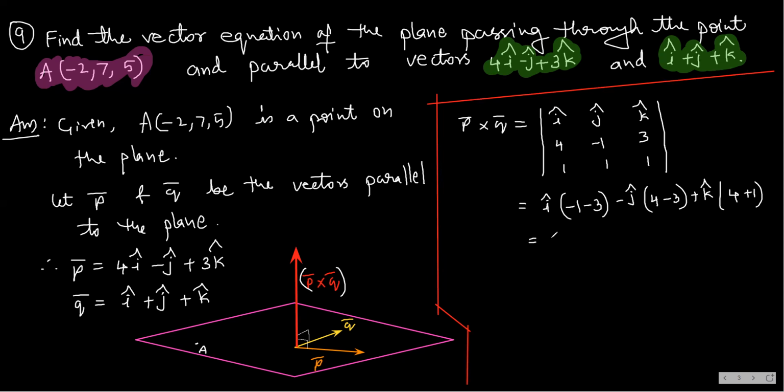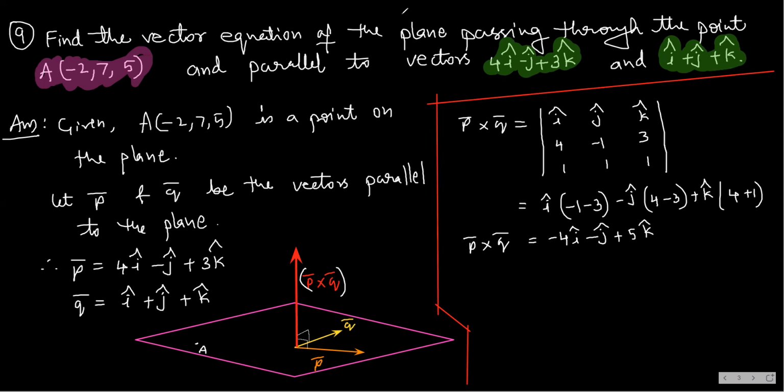So here you get minus 4 I cap minus J cap plus 5 K cap. This is P bar cross Q bar. And this P bar cross Q bar is nothing but the vector perpendicular to the plane. What is the next step, students?